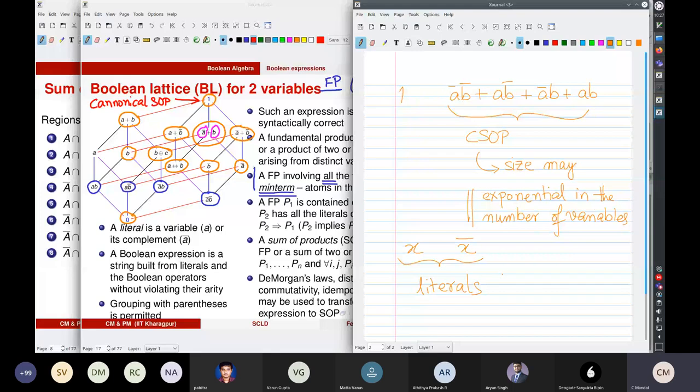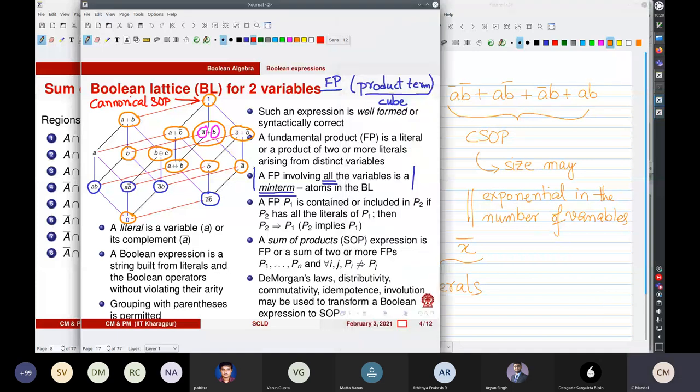These are some common terms that you should know: literals, cubes, products. Otherwise, you'll not be able to follow when people talk about these things.